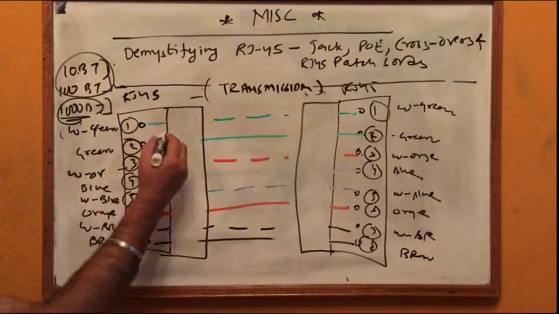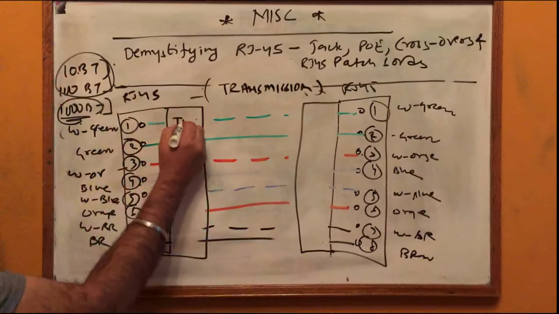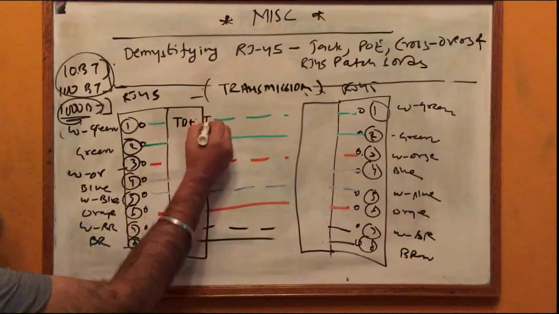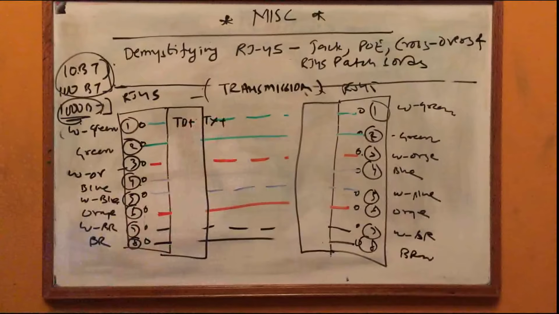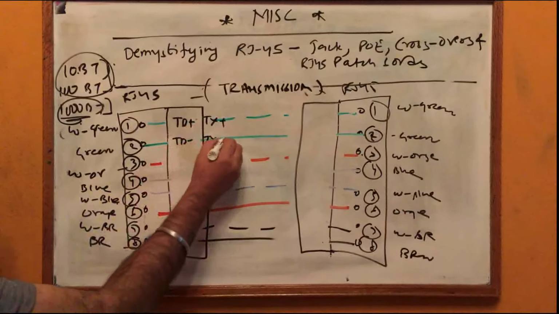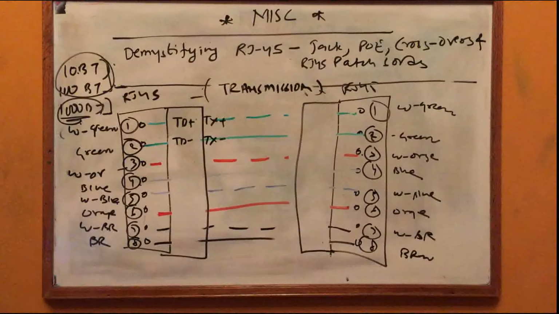The very first pin is called TD plus, or sometimes in books TX plus, transmission plus. Pin 2 is TD minus, or TX minus.